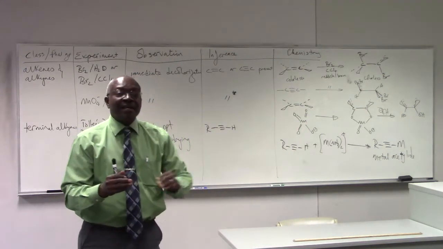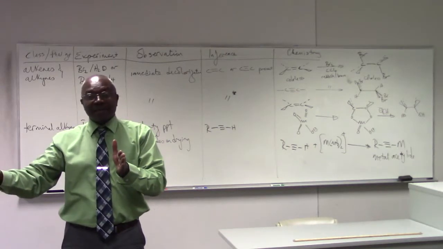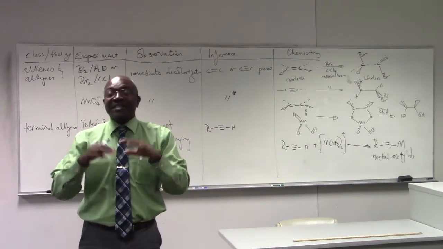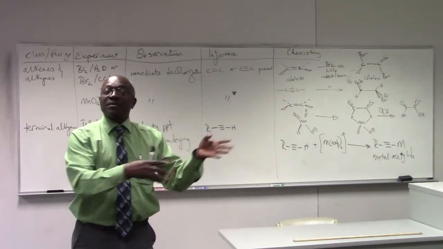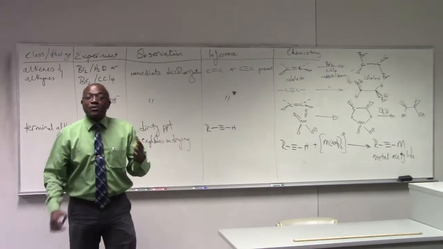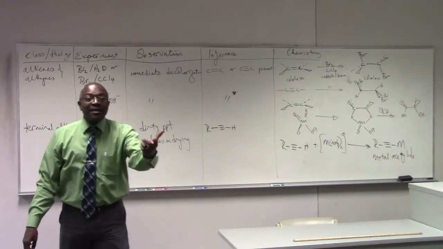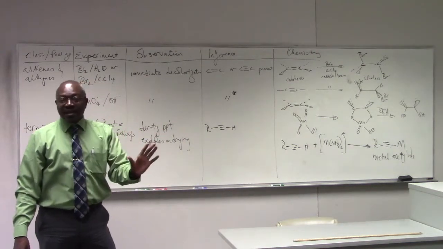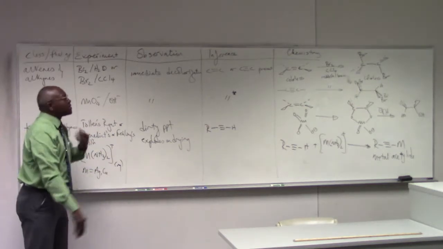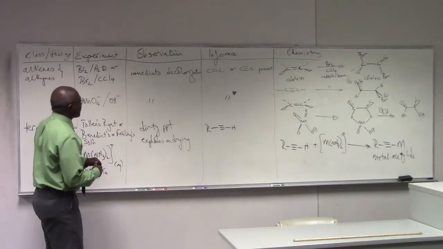It's not an alkene, it's an alkyne, and specifically a terminal alkyne. Right? So in the space of two tests, I now have a substructure. My compound is a terminal alkyne. Now maybe I'll add the Tollens' reagent and nothing will happen, so at least I know it's not a terminal alkyne. Either it's an alkene or an internal alkyne. Right? So I can make sequential observations based upon the properties.